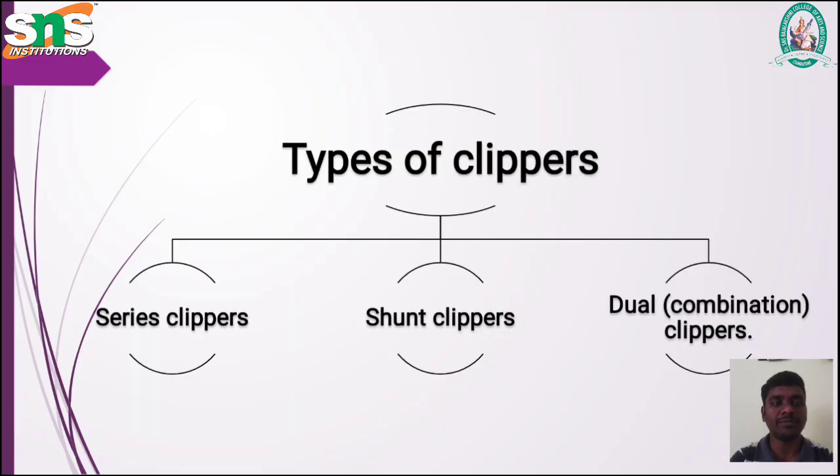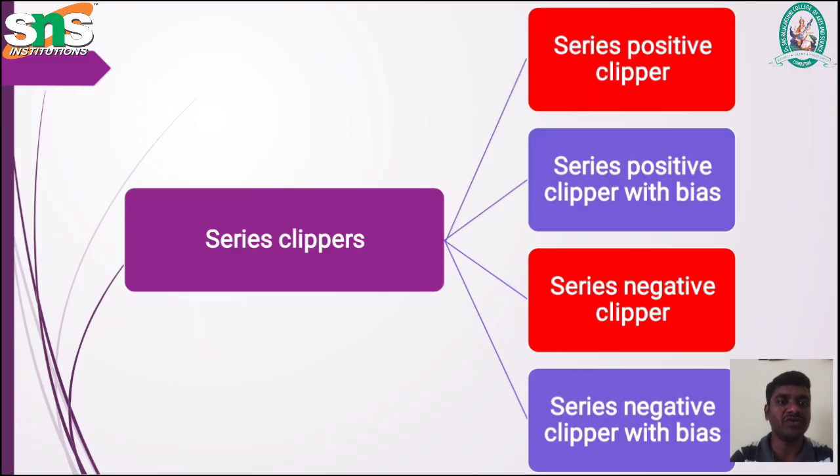Types of clippers. There are different types of clipper circuits. We can classify them into mainly three types: series clippers, shunt clippers, and dual clippers, or a combination of both. One by one we will discuss.